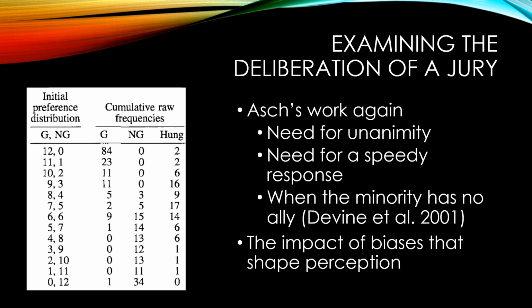If they're not unanimous, they have to return saying they're a hung jury, and the case could potentially be retried in the future. Very rarely do we see hung juries unless there's a perfect split amongst the group and nobody is willing to budge. But they exist, just not as often as we might think.